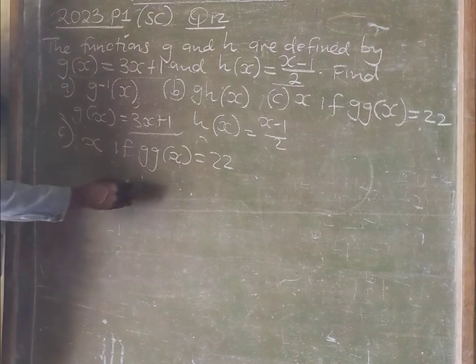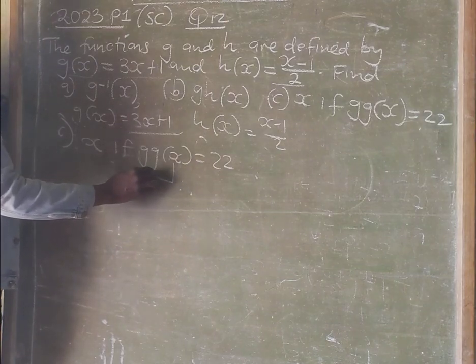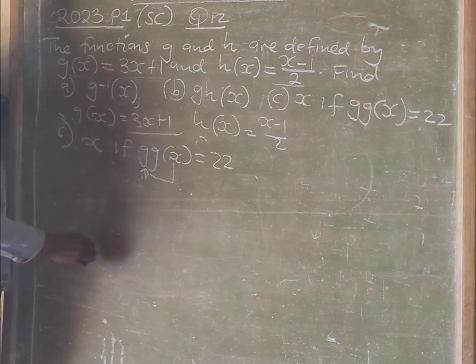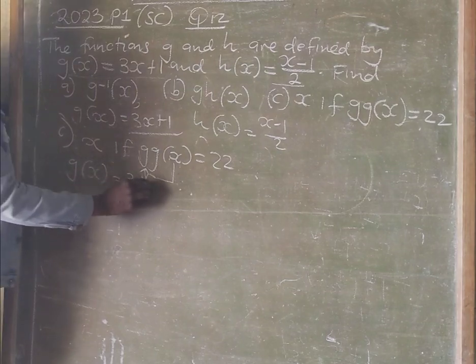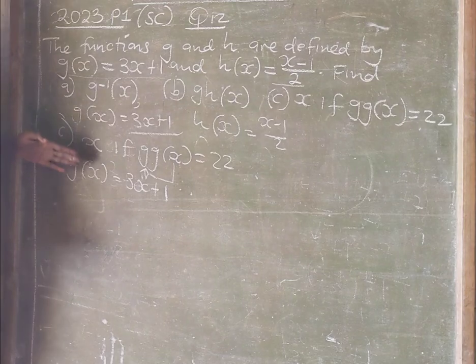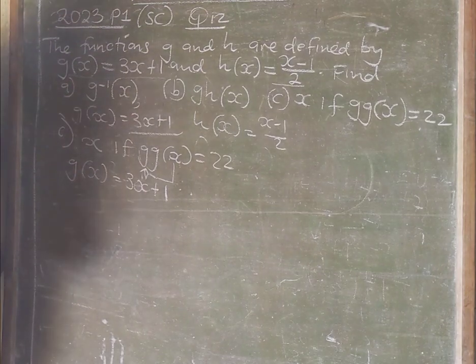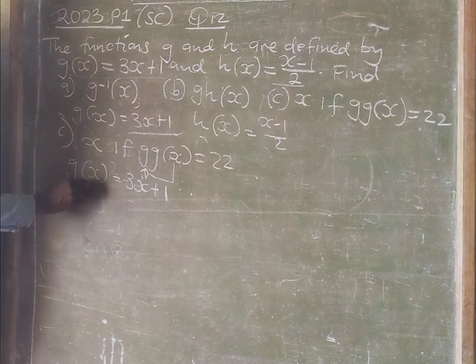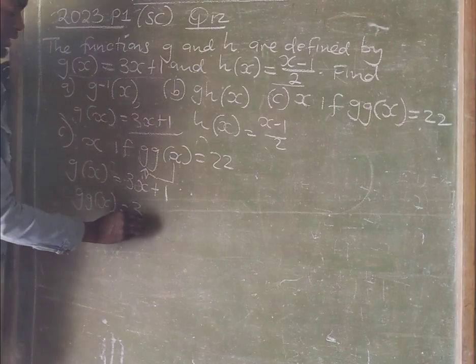we have been told first of all to replace the function of g into g itself. So where is g? g is 3x plus 1. This is our function of g. So we're going to replace this function of g, the same g, into itself. Where is x? So g of g of x equal to 3, open a bracket.